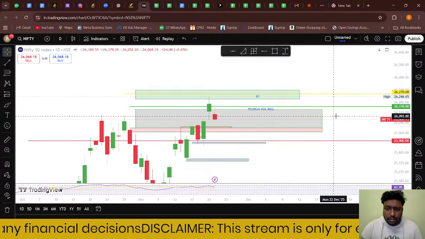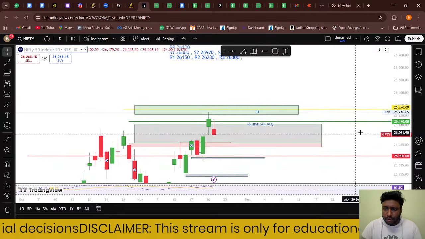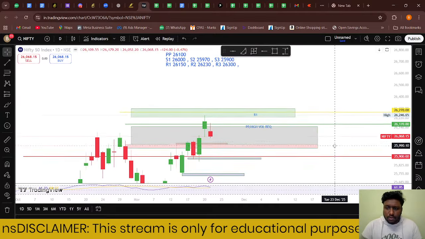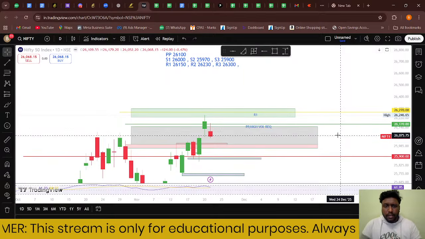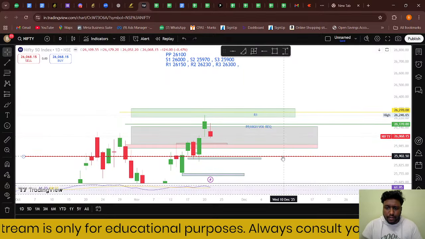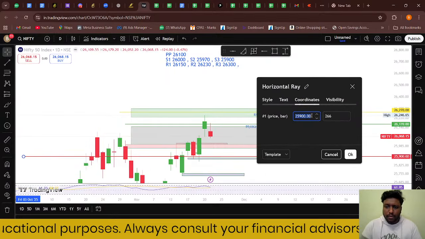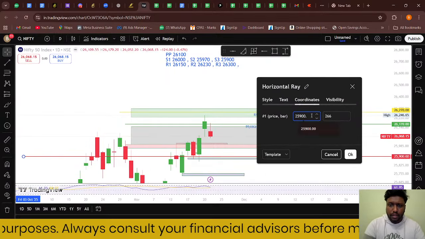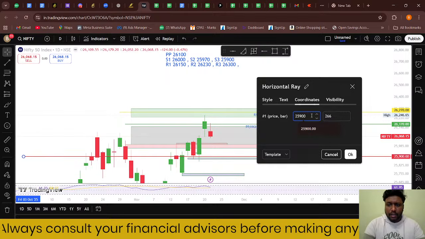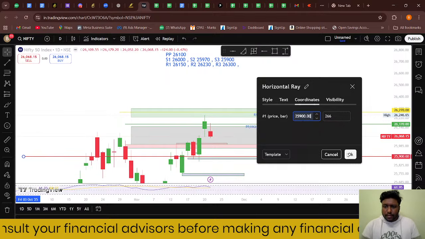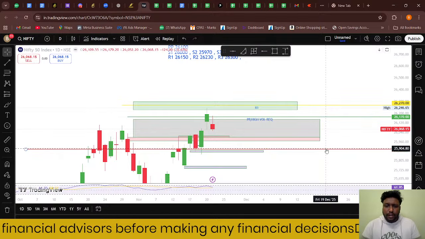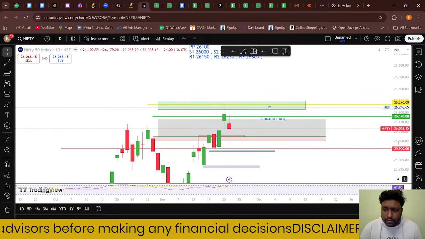I find there is very little chance of a move between S1 and S2, which are close together. So we will consider S3 as a trading opportunity if we get a proper breakdown. We won't consider S2 for today, only 25,900. The exact same value can be considered for the day when we go bearish.